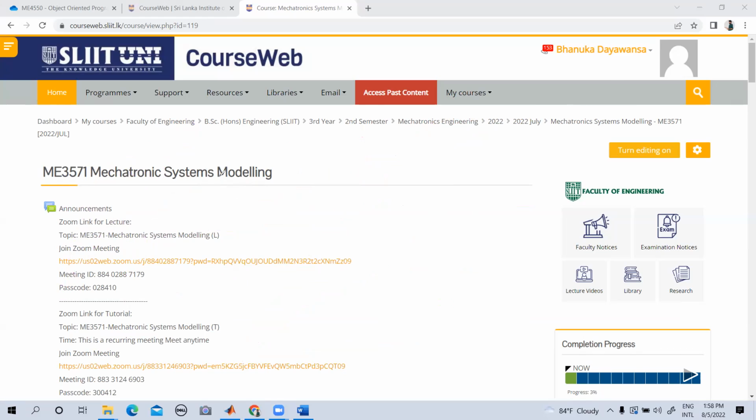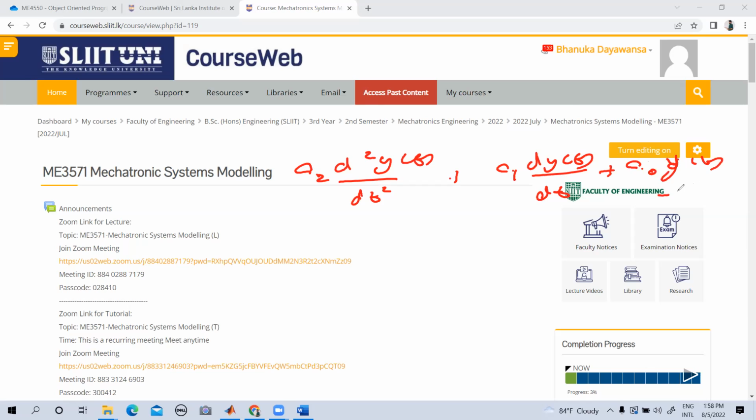Say we have a2 d squared y(t) over dt squared plus a1 dy(t) over dt plus a0 y(t) equal to, say, x(t).